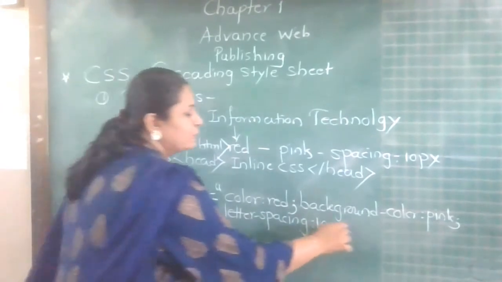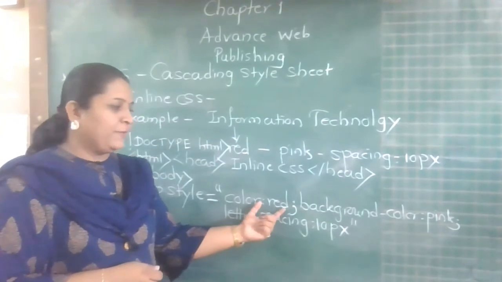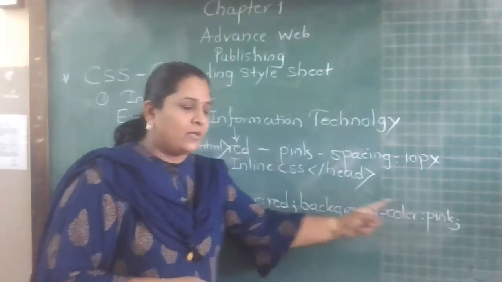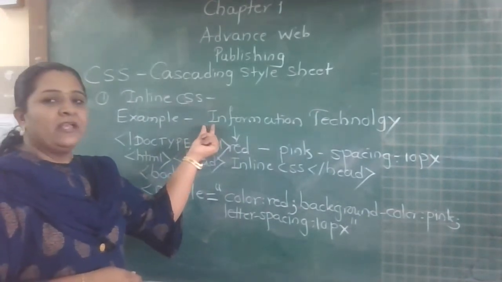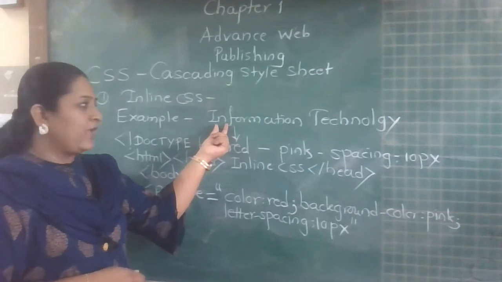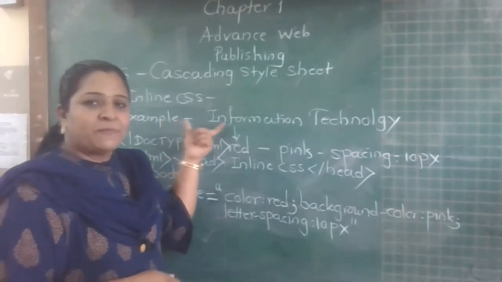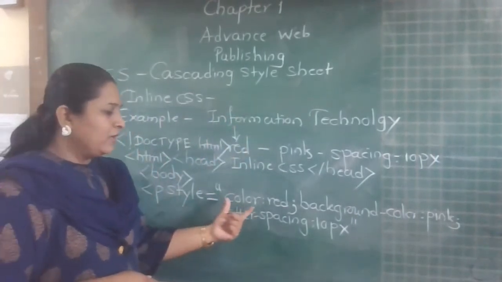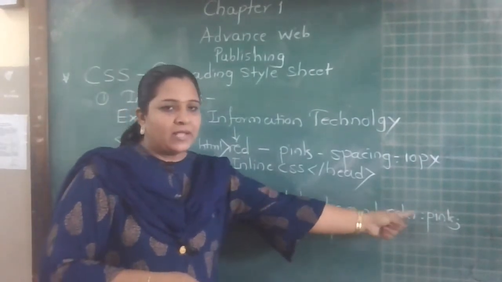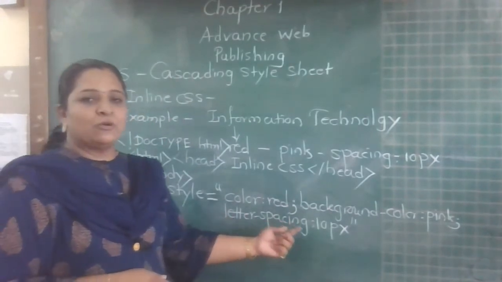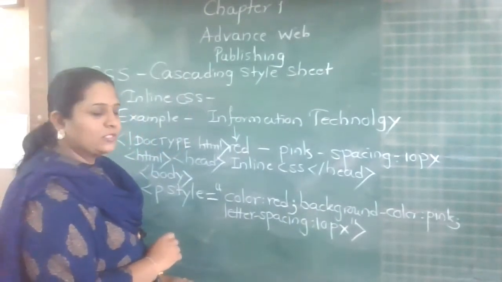So by using CSS, I have applied three properties: the text color is red, the background color is pink, and the letter spacing, that is the spacing between each letter, a 10 pixel spacing after I, then M, then F, like that between each letter. Color is the text color, semicolon, background color pink, again semicolon, and letter spacing colon 10 pixels. Now I have completed all the properties, so I close the bracket.